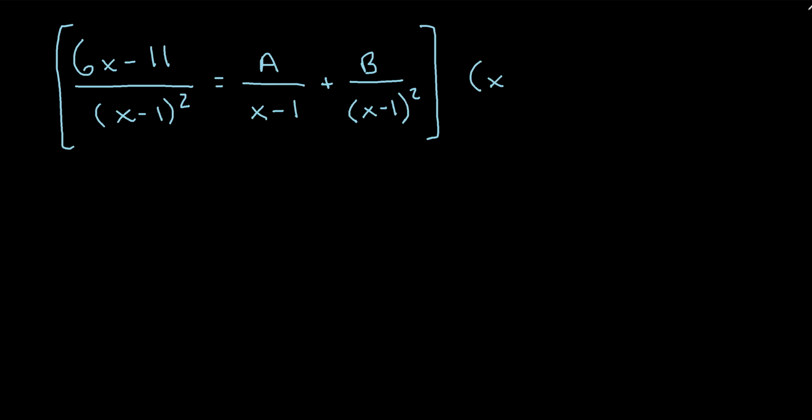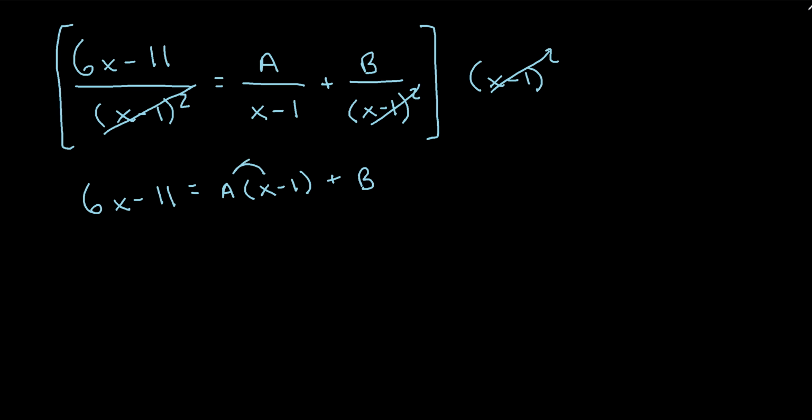So if we do that, when we multiply this fraction by x minus 1 squared, the denominator will go away and we'll be left with 6x minus 11 is equal to, when we multiply this fraction by x minus 1 squared, just an a times x minus 1. And when we multiply this fraction by x minus 1 squared, this x minus 1 squared goes away, and we're left with b. So now we just need to figure out how to solve for a and b.